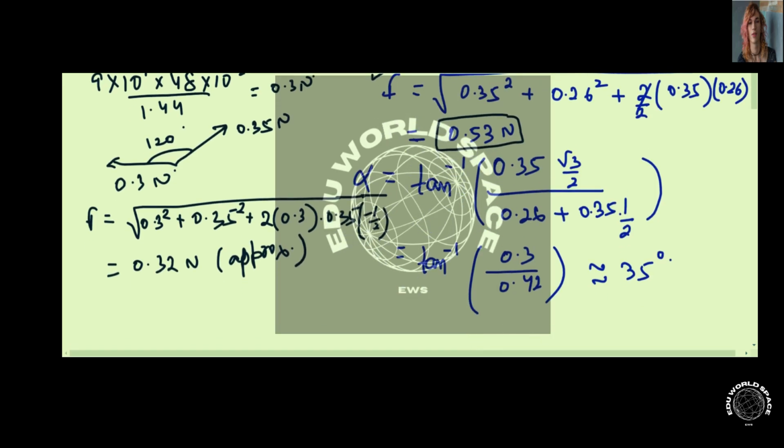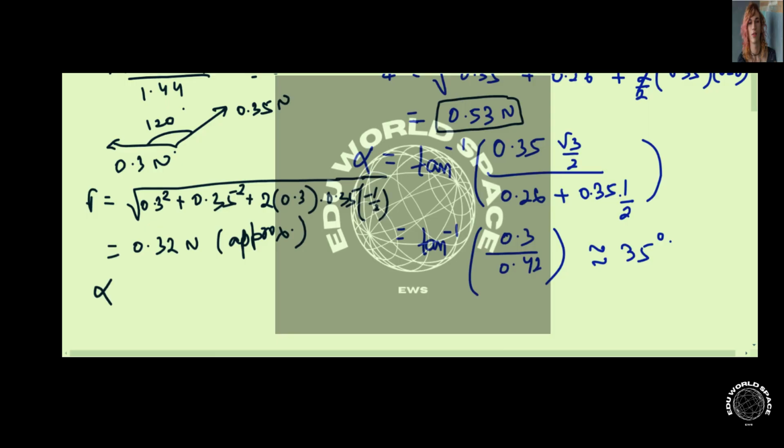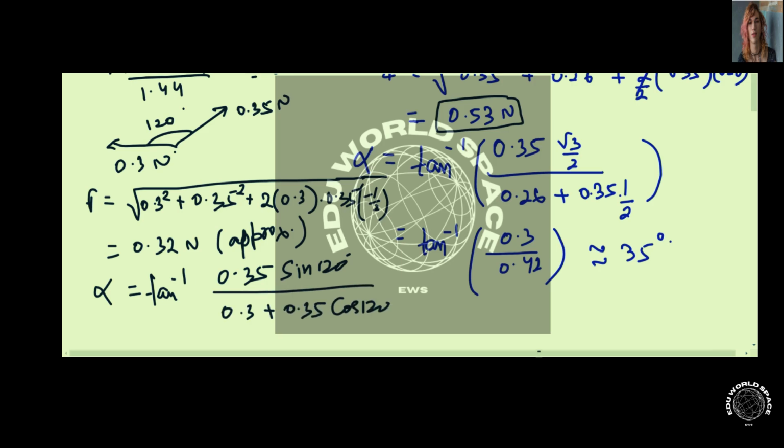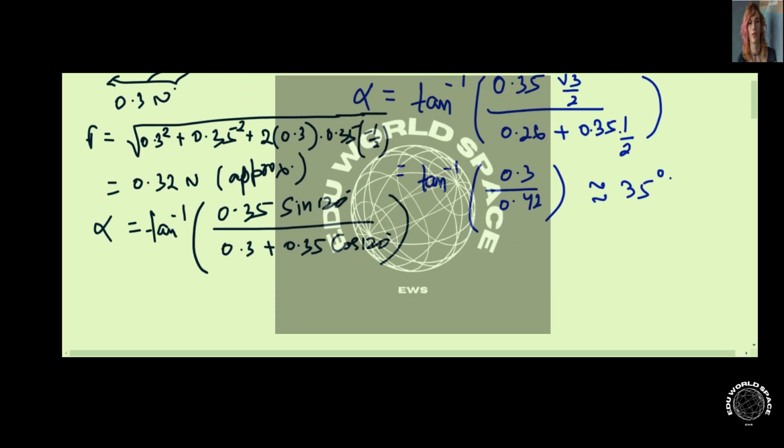And the direction again we can get using that same procedure. So alpha will be tan inverse 0.35 sine 120 over 0.3 plus 0.35 cos 120. So taking this value, we get the value that 0.35 sine 120, we can write it as sine 60.